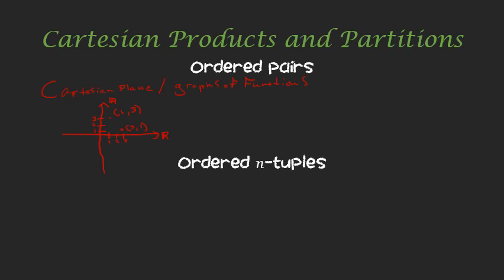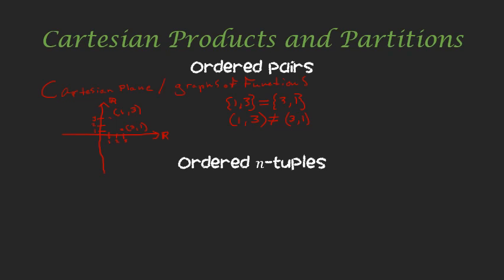On the other hand, the set {1, 3}, with braces around it, means unordered, and that's the same thing as the set {3, 1}. With sets, we don't care about order. It's the same no matter what order you write it in. With ordered pairs, we care about order. The point (1, 3) is not the same as the point (3, 1).